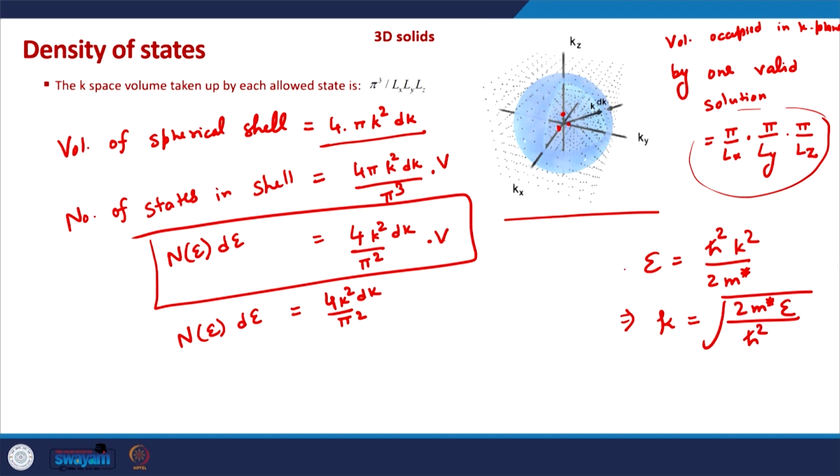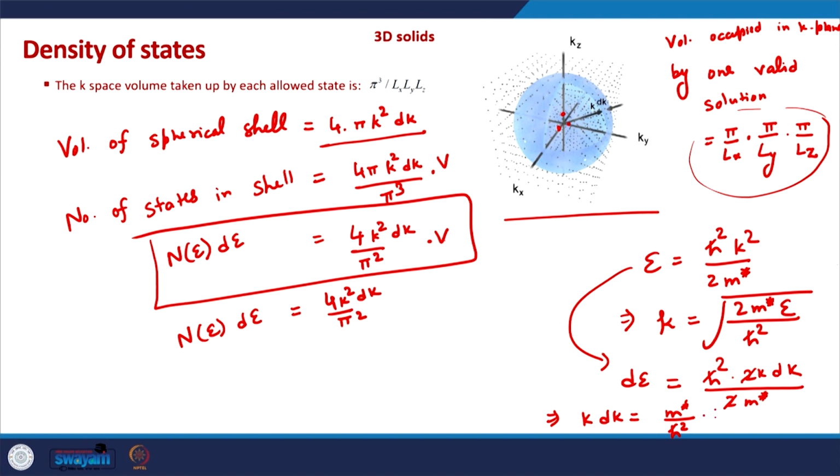Apart from this, dE is h bar square 2k dk divided by 2 m star, if we differentiate this on both sides. So, k dk is m star by h bar square times dE.